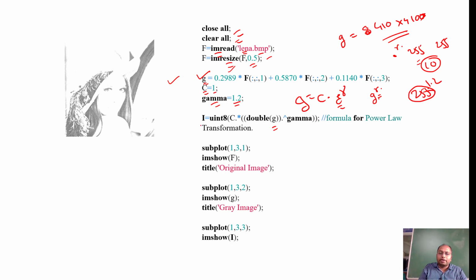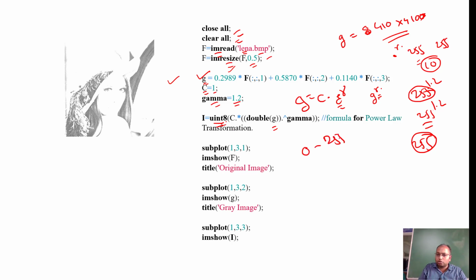Again we need to map it to unsigned integer 8, because 255 raised to 1.5 will result in higher values, more than 255. So we need to convert it again into the 0 to 255 range.